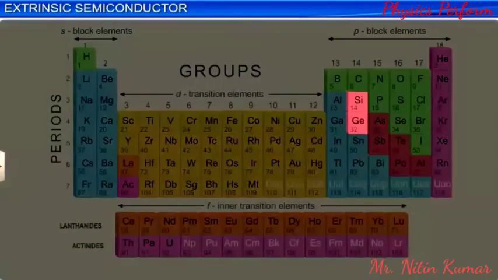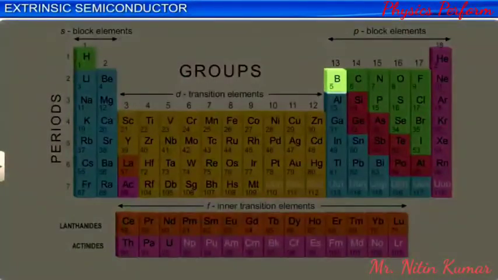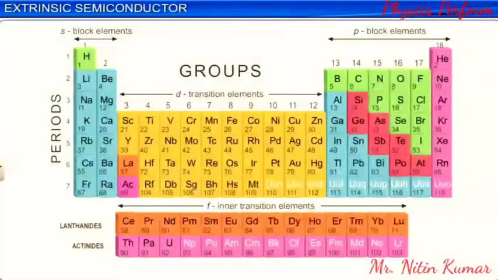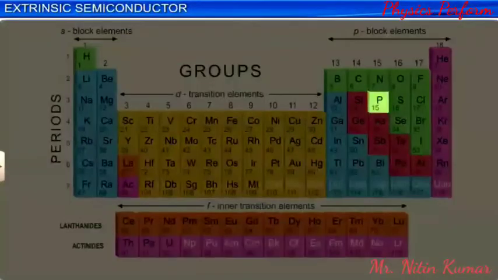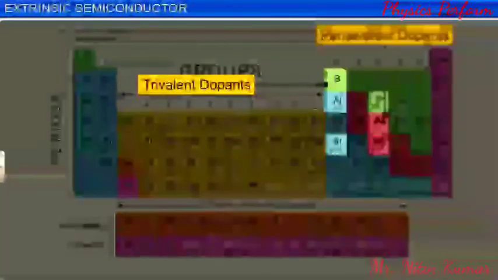Commonly used trivalent dopants that have 3 valence electrons are boron, aluminium, and indium. Commonly used pentavalent dopants that have 5 valence electrons are phosphorus, arsenic, and antimony. The addition of trivalent and pentavalent dopants creates two different types of extrinsic semiconductors.